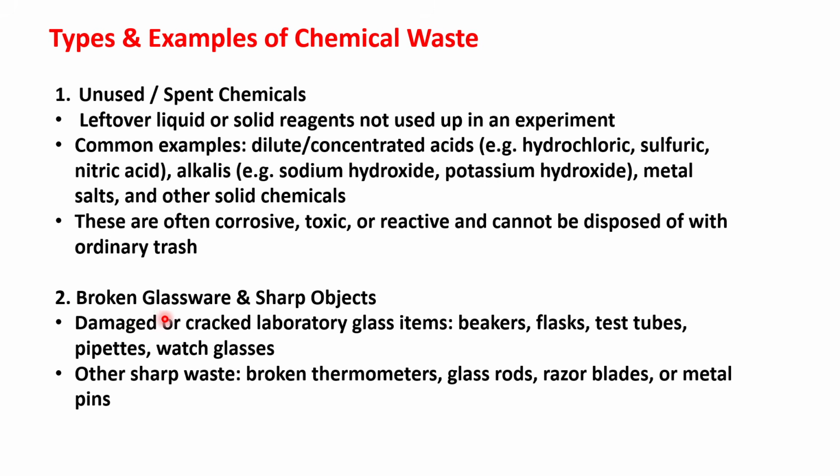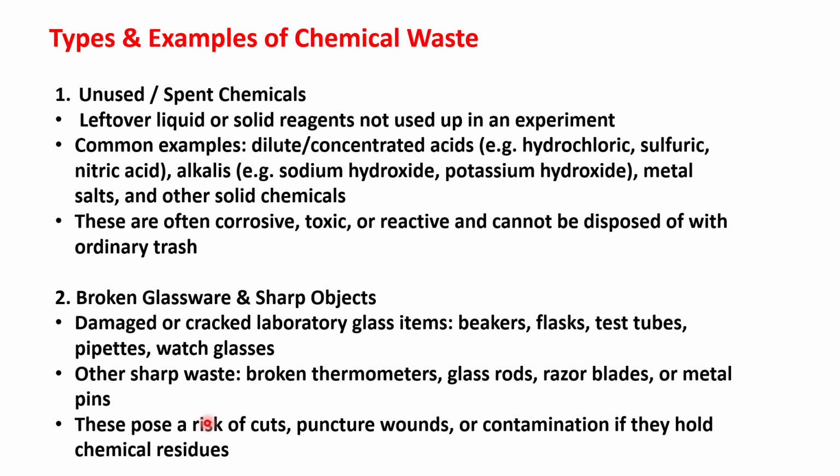All these are broken glassware or sharp objects, an example of a type of chemical waste. These pose a risk of cuts. You can get cuts. They can open a wound on your skin. It can lead to contamination if they hold chemical residues.